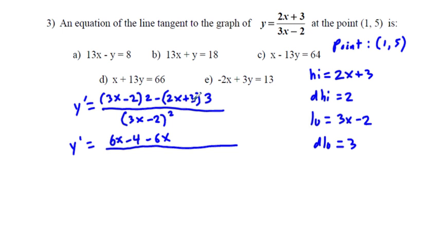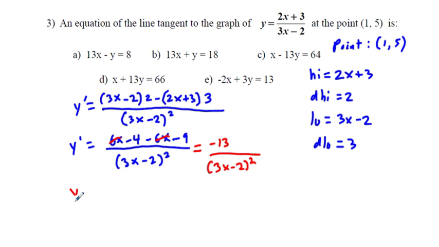And then we have 3 times 3, which is 9, and minus that, so minus 9, over the quantity 3x minus 2 squared in the denominator. Simplifying out, 6x and 6x cancel each other, so in the numerator we have negative 13, and in the denominator we're still going to have this quantity 3x minus 2 squared.